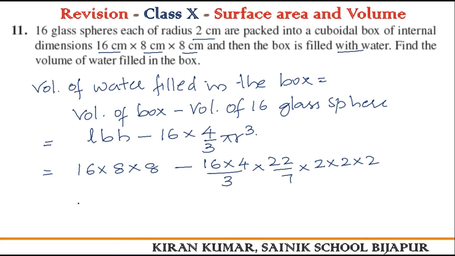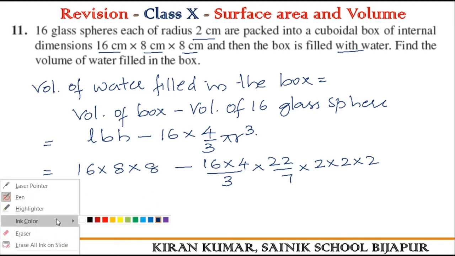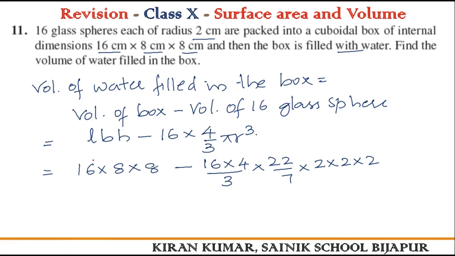Here observe there are certain things common. Let me highlight that 16 is common, 8 is common. Here 16 and 2 4s are 8. This I'll take as a common thing. So 16 into 8 is taken common.